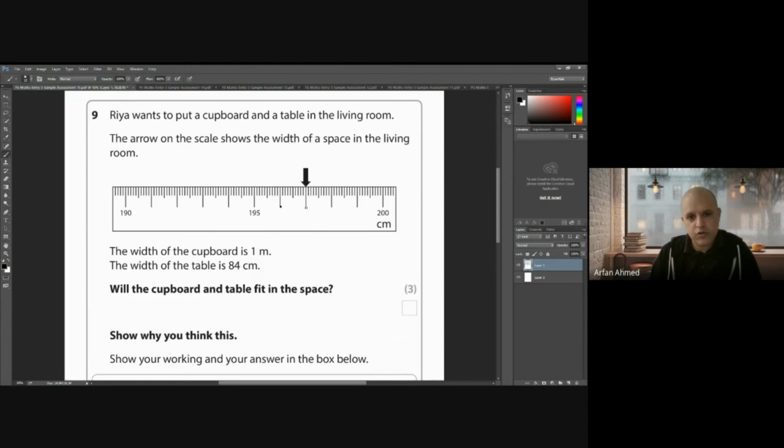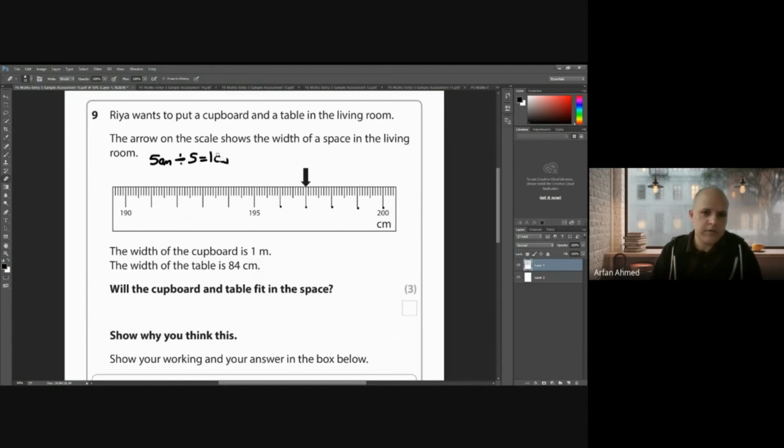We've got 1, 2, 3, 4, 5. Again, 5 spaces between 195 and 200. That is 5 centimeters divided by 5, so each one is 1 centimeter.